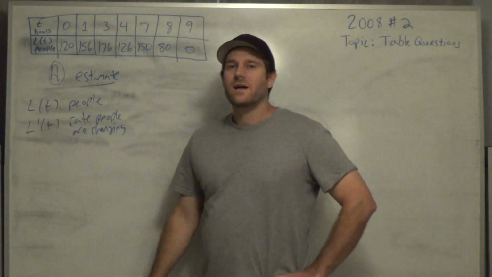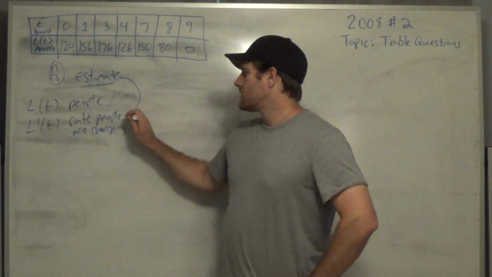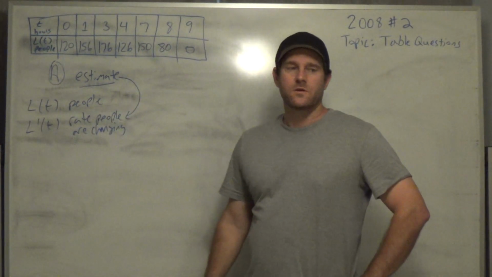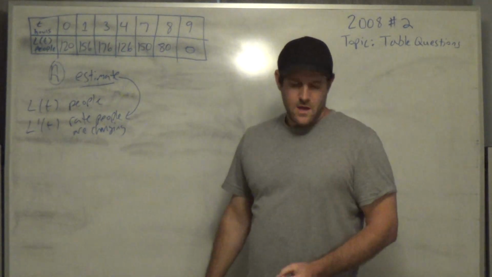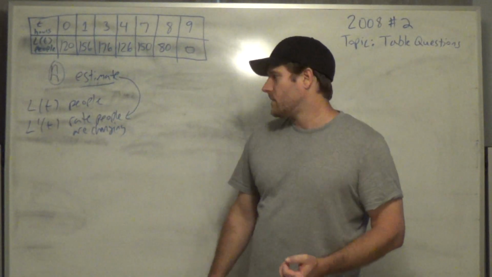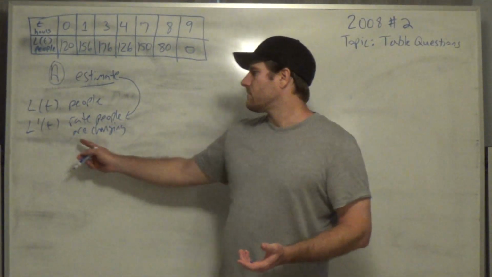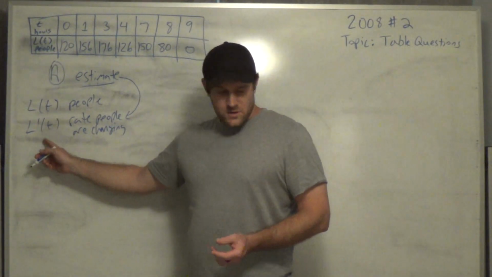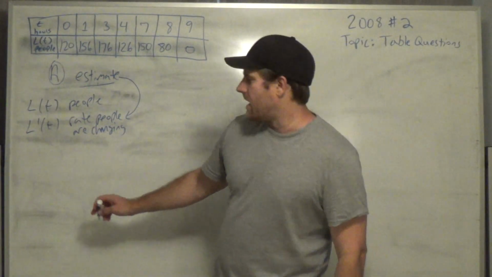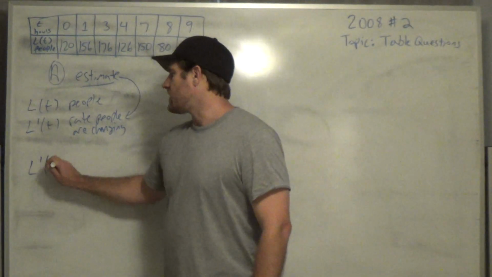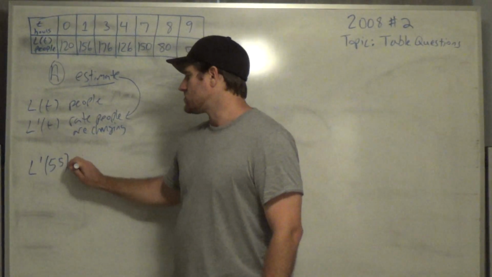So when they ask you to estimate the rate that the people in line are changing, they are asking you to basically estimate the derivative. So here they want you to estimate L prime 5.5.